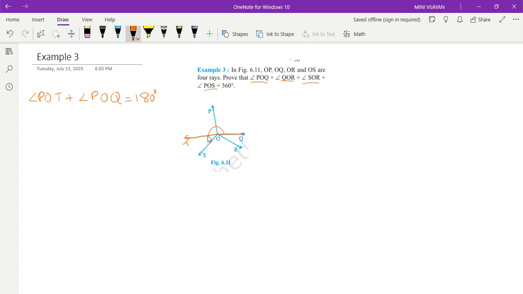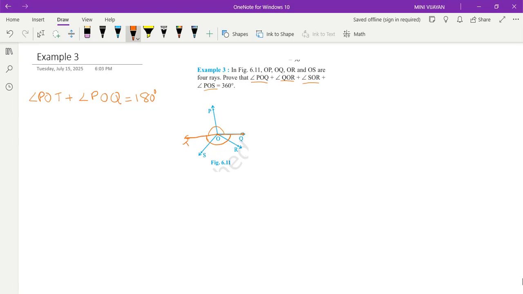So we have to consider the angles in the downward direction of this OT as well. We consider the upward angles, which are POT and POQ. Now we consider the downward angles, which are TOS, SOR and ROQ.